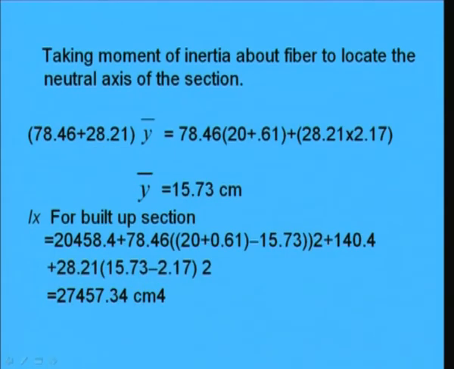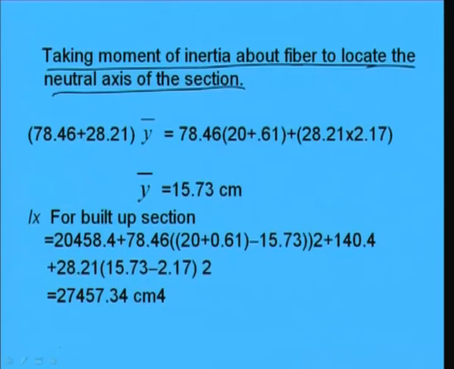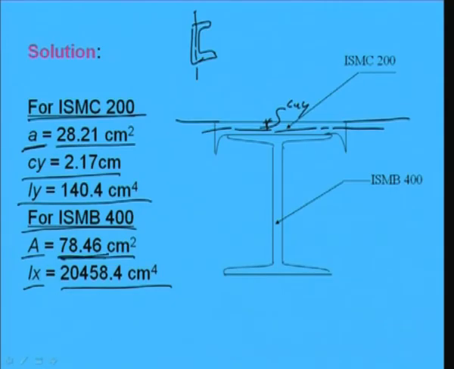So, with these values what can we do? We can take the moment of inertia about the top fiber to locate the neutral axis of the section. Total area into y bar, where total area is 78.46 plus 28.21.